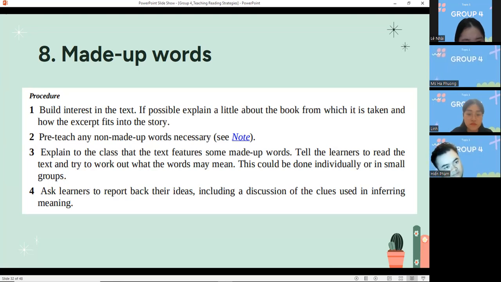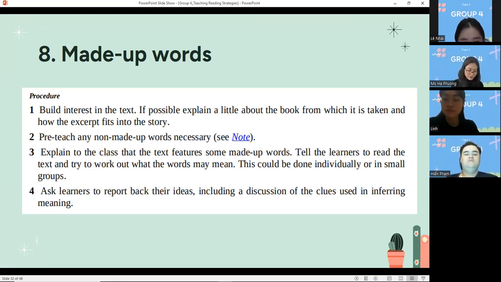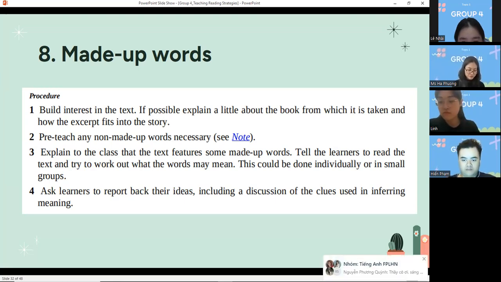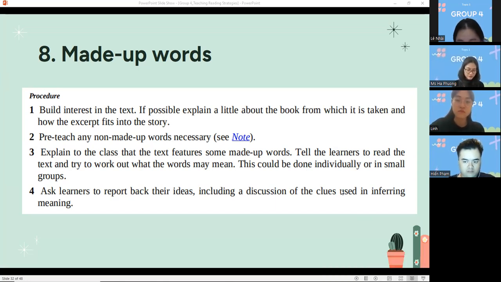In the pre-teaching stage, the teacher will teach the students some non-made-up words if necessary, and then he or she will explain to the class that the text features some made-up words and tell the learners to read the text and try to work out what the words may mean. This could be done individually or in small groups. Then the teacher will ask learners to report back their ideas, including a discussion of the clues used in inferring meaning.